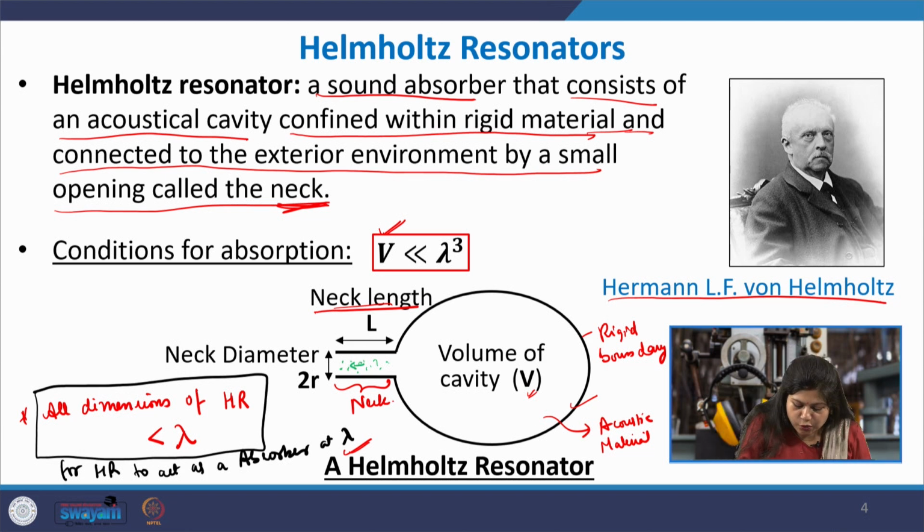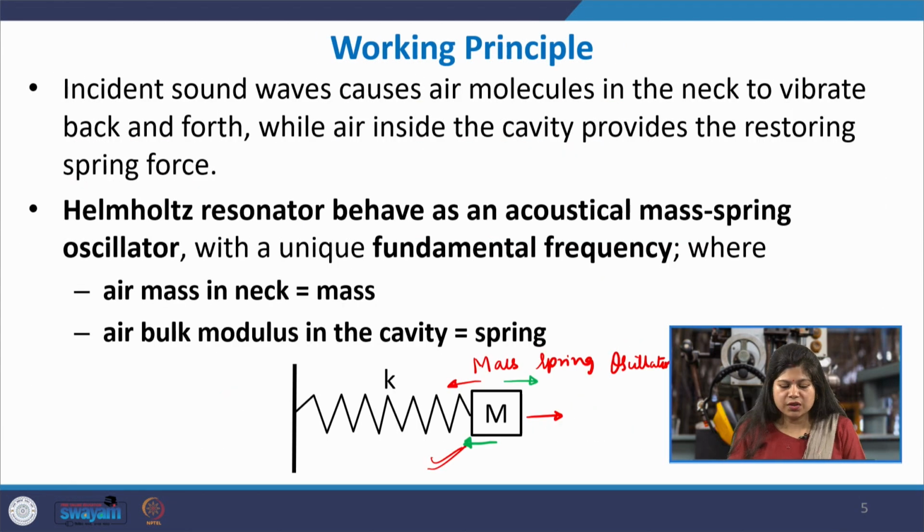So these are trying to vibrate back and forth, and this acts as the resistance to their expansion and contraction. So the mass becomes the mass of the air molecules in the neck which are vibrating back and forth.